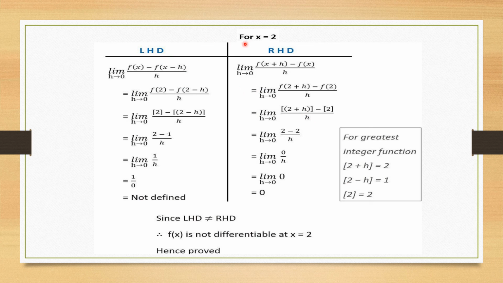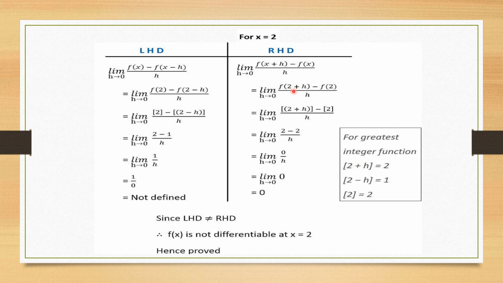Say we want to check the differentiability at 2. Again for LHD, if I go for f(2 minus h) minus f(2), the denominator will have minus h. To balance it, it can be written as integer function of 2 minus integer function of 2 minus h, divided by h.